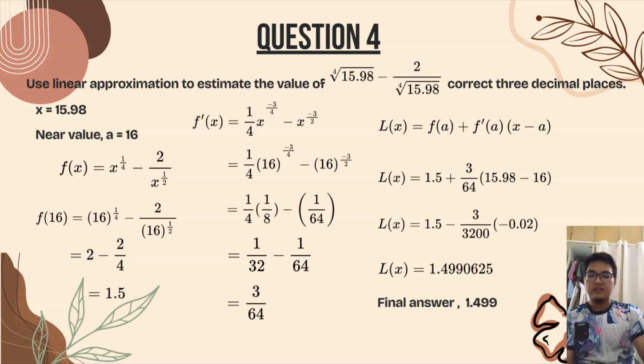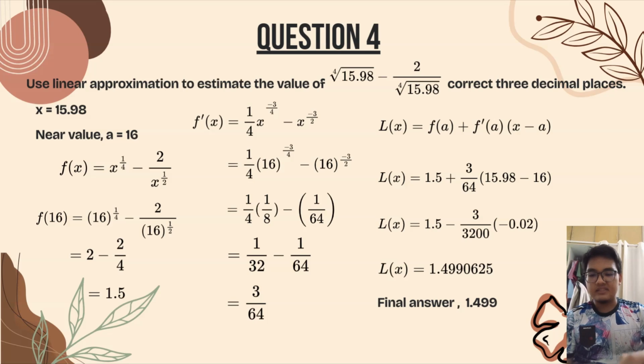To find the linear approximation, we have an equation which is L(x) equal to f(a) plus f prime a times (x minus a). So just put into this equation all the numbers that we have got from the problem that we have solved earlier. f(a) equal to 1 over 5 plus f prime a equal to 3 over 64.